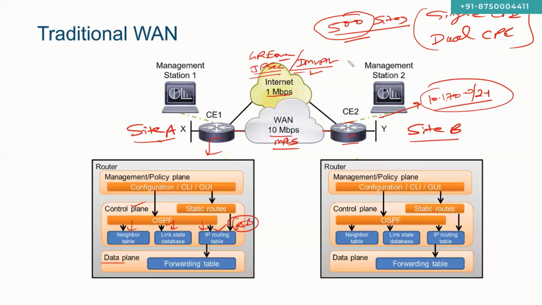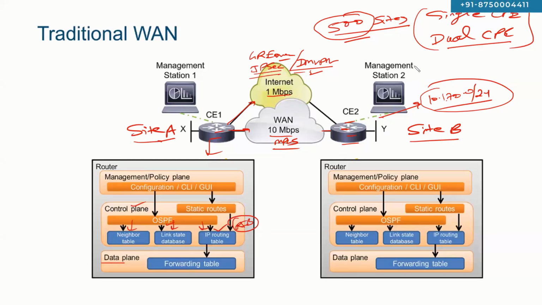You might have 700 or 800 managed routers. If all 500 sites are dual CPE sites, then obviously you're going to have 1000 managed routers. When I say managed router, I mean a router which connects your site to the WAN, whether it is MPLS or internet. So just imagine how much time it will take to reflect those changes across all 500 sites.